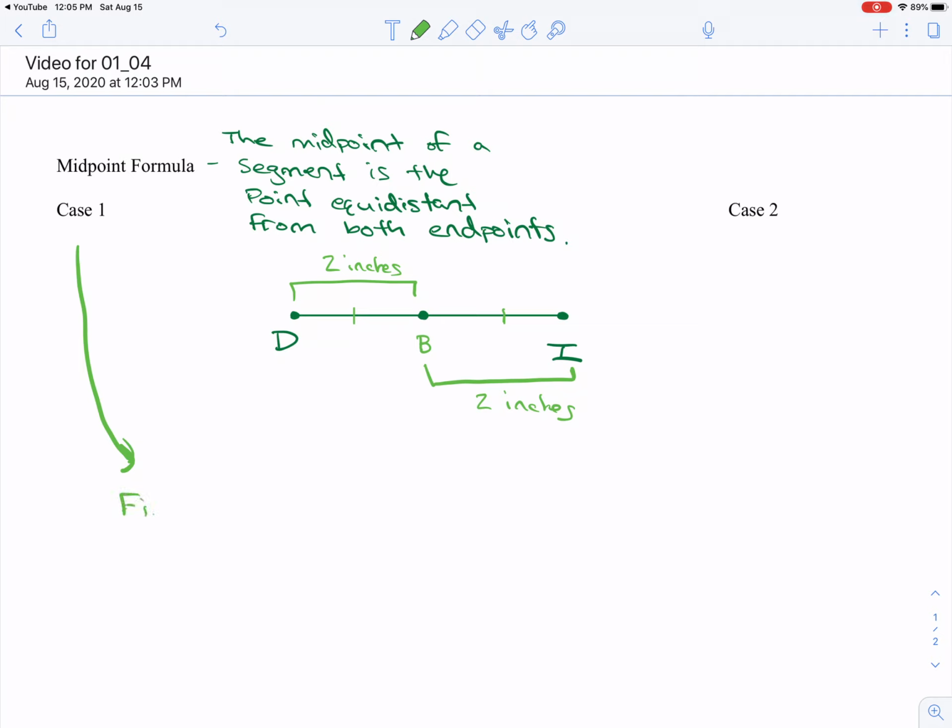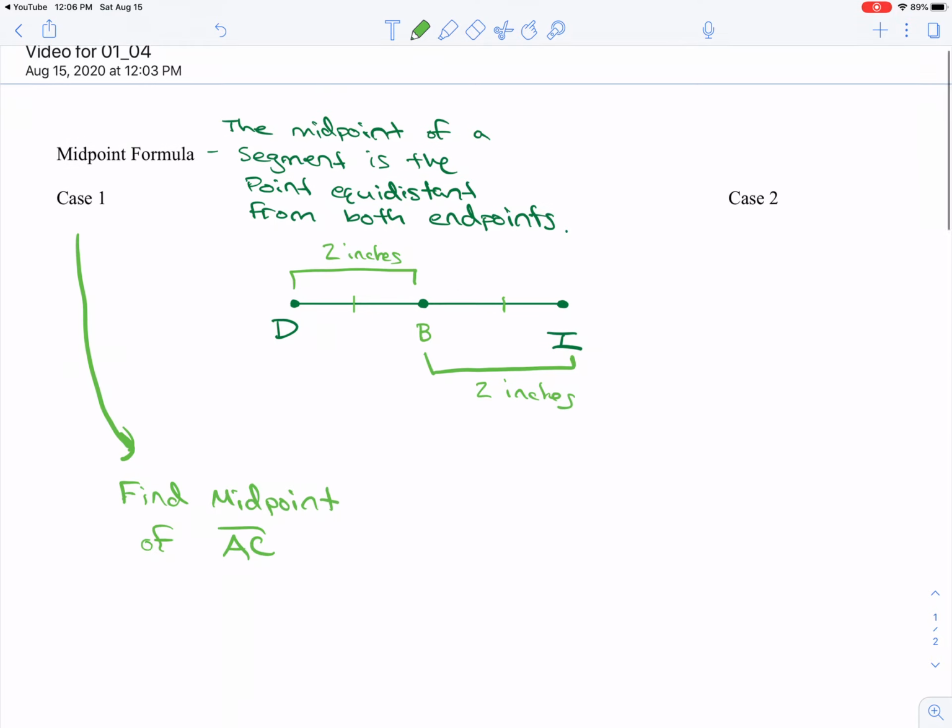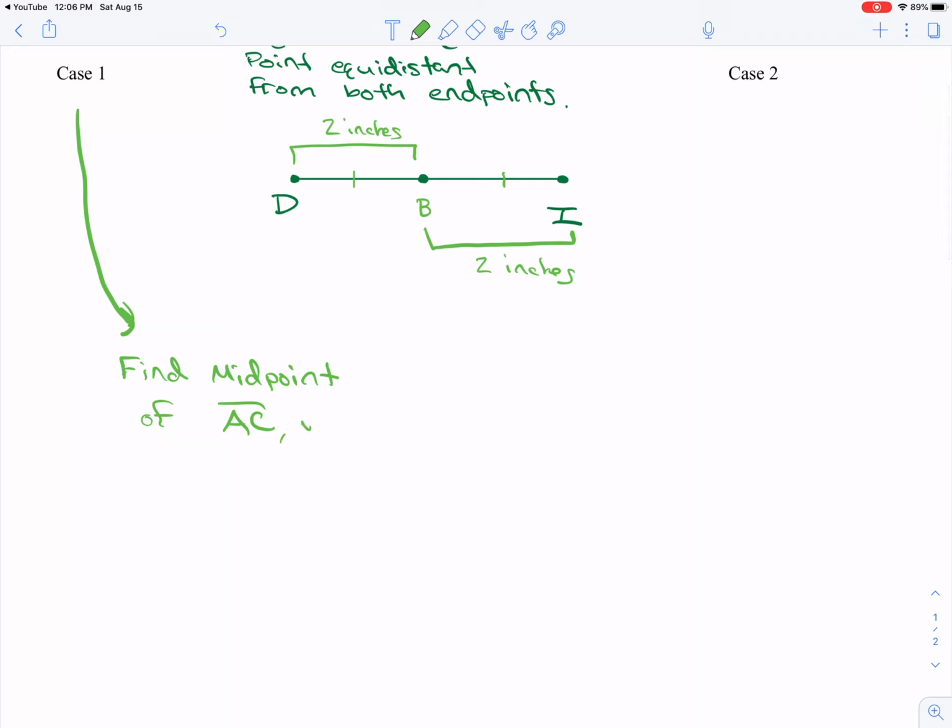So find the midpoint. Let's say segment AC. And I'll have to give you some numbers. So where A, let's make it 2, 5, and C, I'm just making this up right now, let's make it 4, 3.